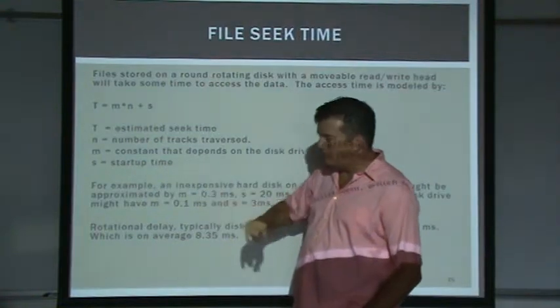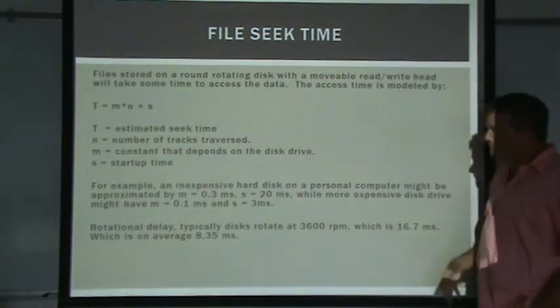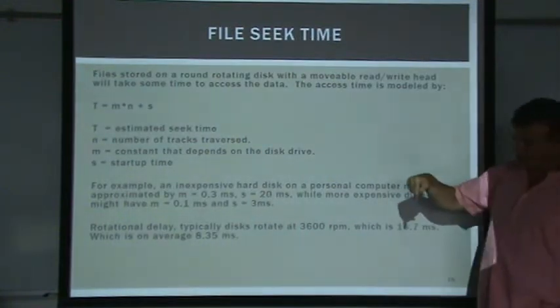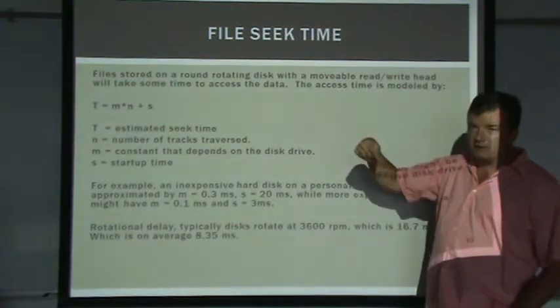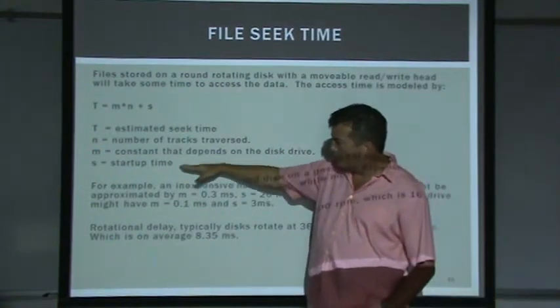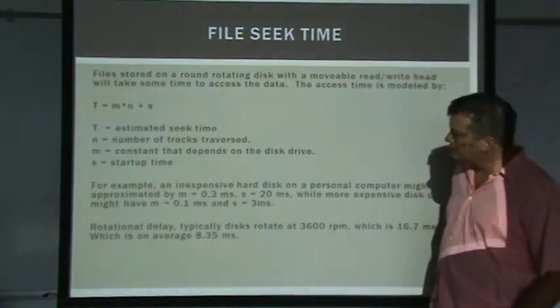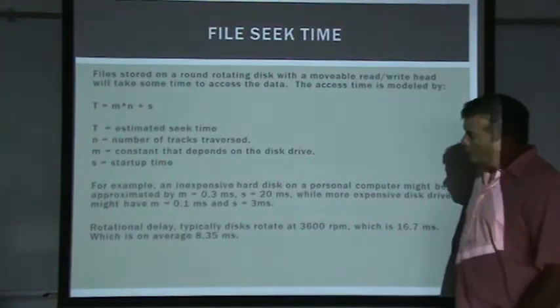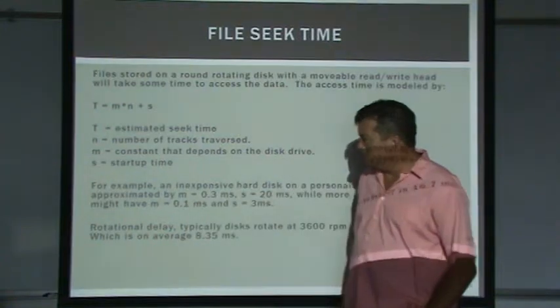And then there's the startup time. Every time we make a request to the disk, it might not be spinning at the time, or the read-write head might even be servicing some other process's disk request. So we might end up going into a queue waiting for our request to begin. We'll capture that all in one variable called S.